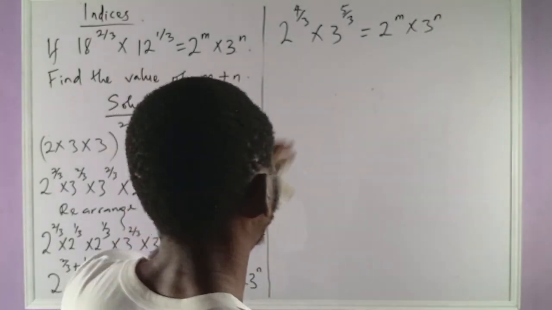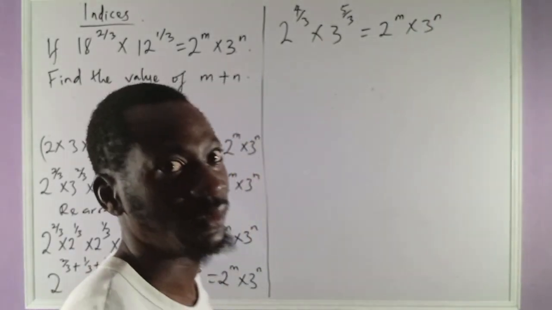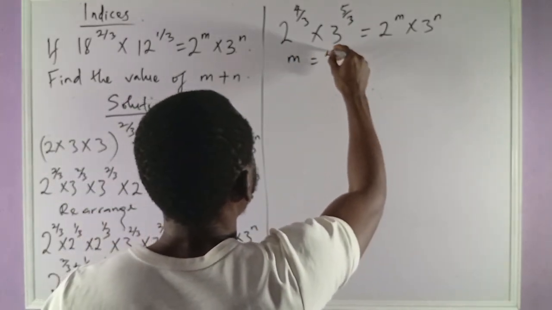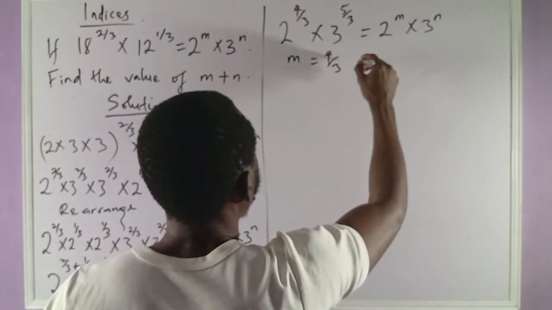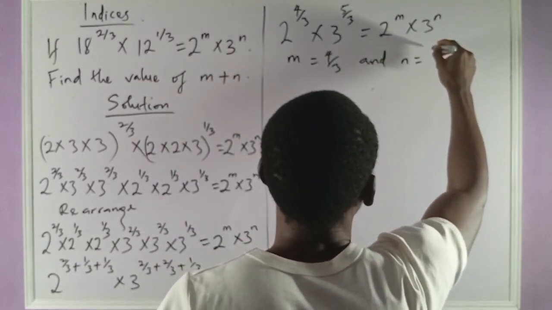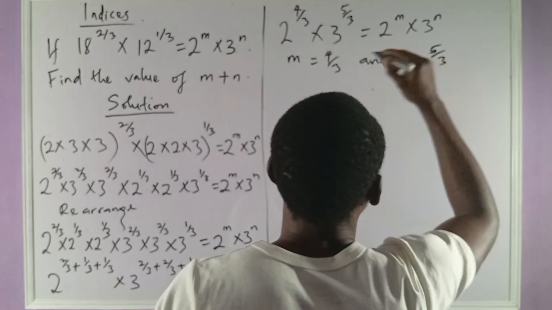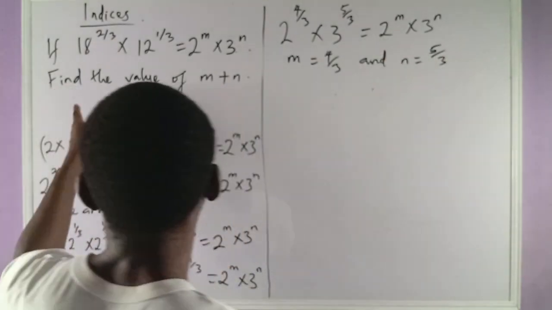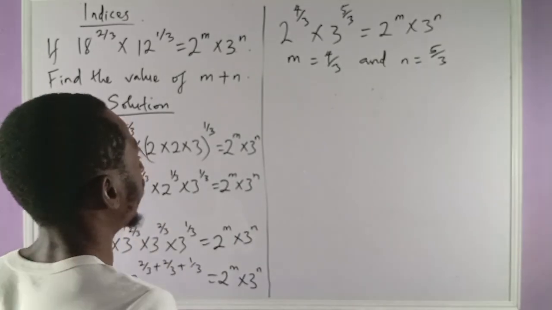Now, you can see the left hand side is already looking like the right hand side. Therefore, m is equal to 4 over 3 and n is equal to 5 over 3. So at this point, the question says, find the value of m plus n.